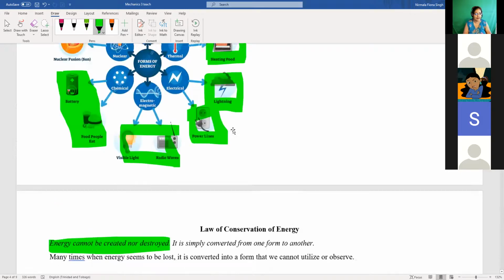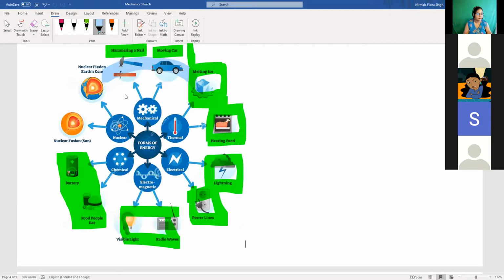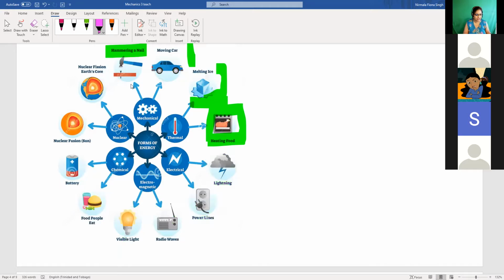You see here how we have all these different forms of energy. We can take all this energy and one can be converted to the next and another one and another one. It can go in a whole line of succession. So that's what happens with energy.